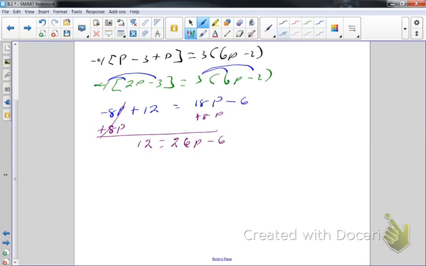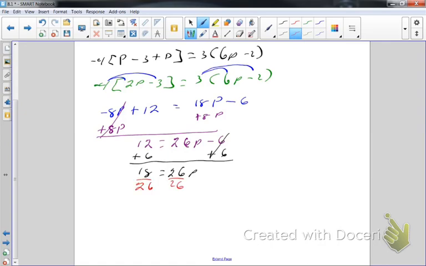-6 comes along for the ride, and now this is a two-step equation where I get to add 6 to both sides, and I end up with, not divide, add 6 to both sides. This simplifies, then I get 18 is equal to 26p, then I get to divide both sides by 26.